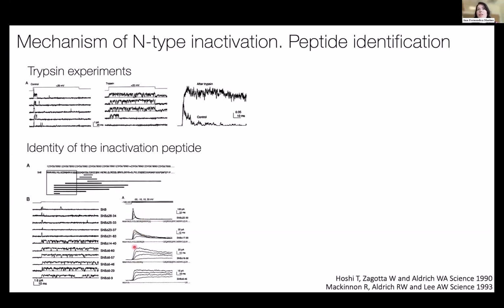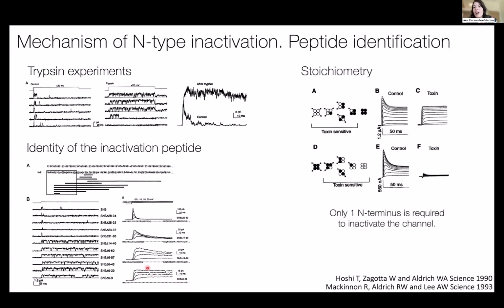You can observe how different deletions change the inactivation behavior of the channel until they got to the infamous Shaker delta 6-46, which is probably one of the most highly used constructs in our field. So when people talk about Shaker inactivation removed, they're probably talking about the 6-46 that has a deletion from residue 6 to 46, and the channel does not inactivate.